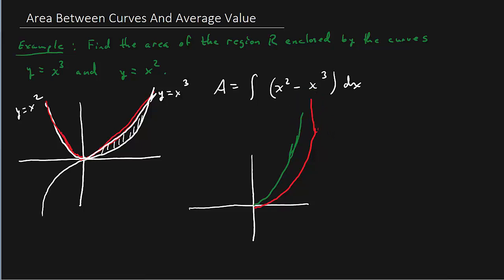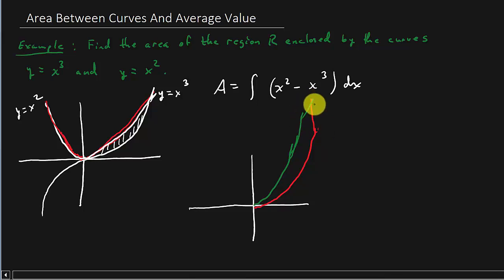I'm going to have to draw this in there. Basically, think about it this way. If we found the area under this curve right here, just forget about this red line, it would give us this entire area right here.